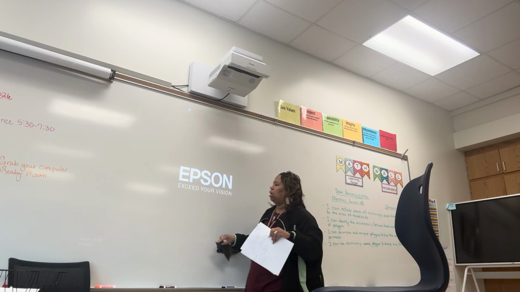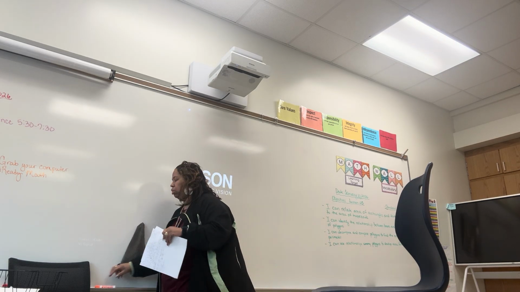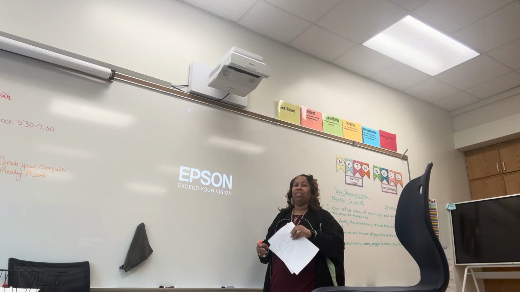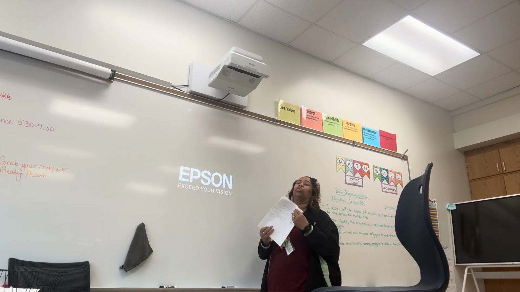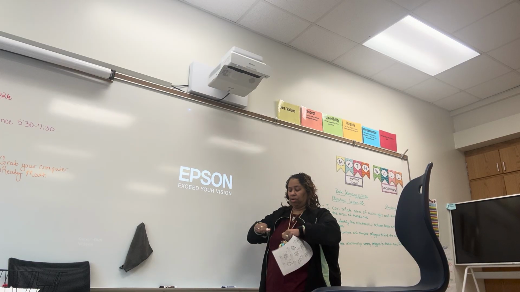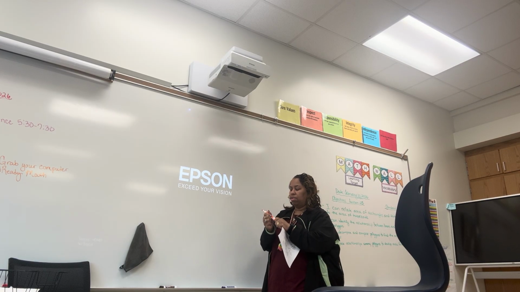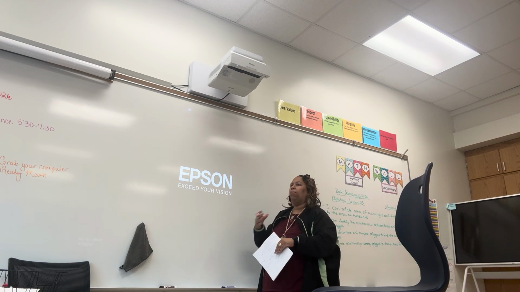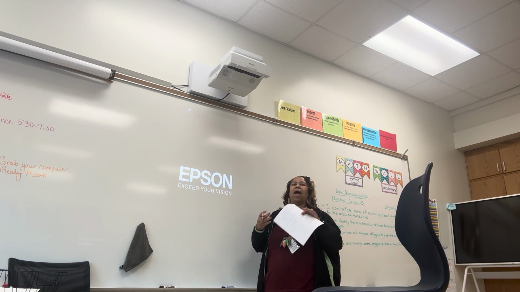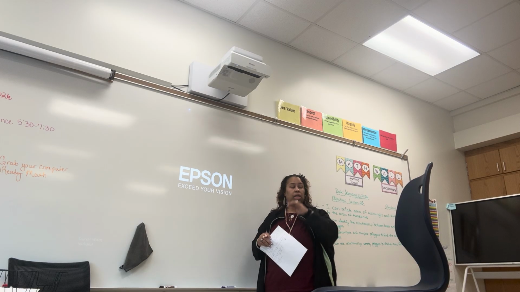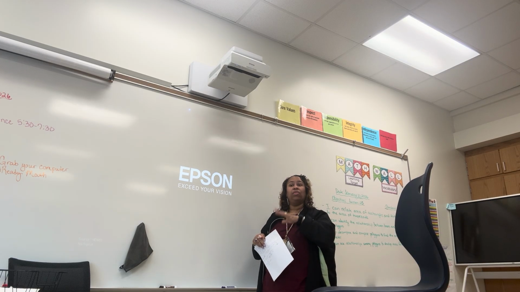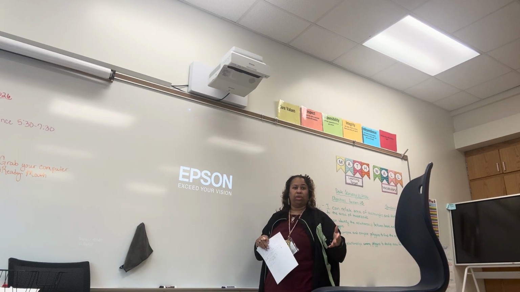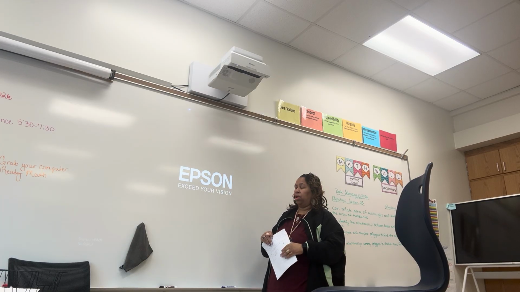As I was grading lesson 24, I noticed that the majority of the class got number 2 wrong, which was finding the area and the perimeter of the triangle. It's very important that we understand how to find the area and perimeter, because when we move on to lesson 25, which is trapezoids, you have to know how to find the area and perimeter of a triangle.